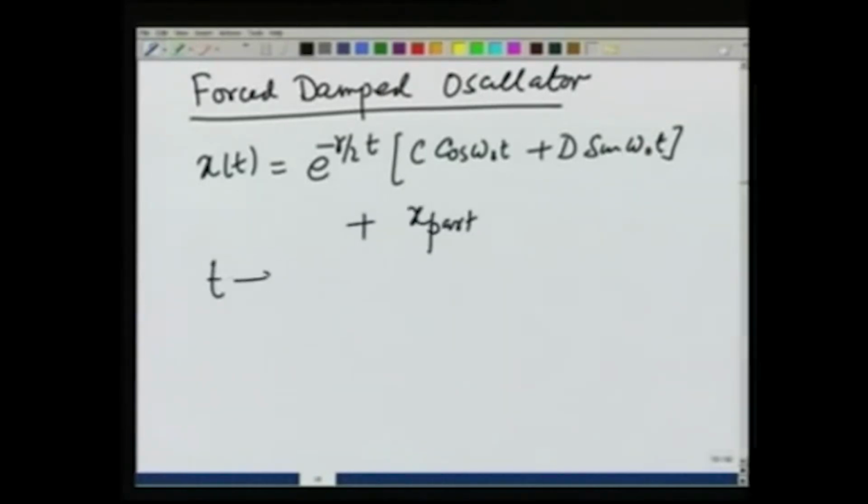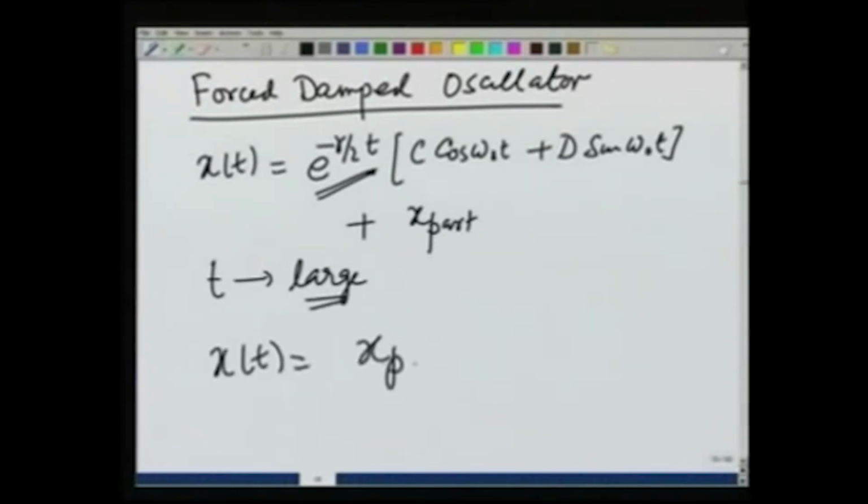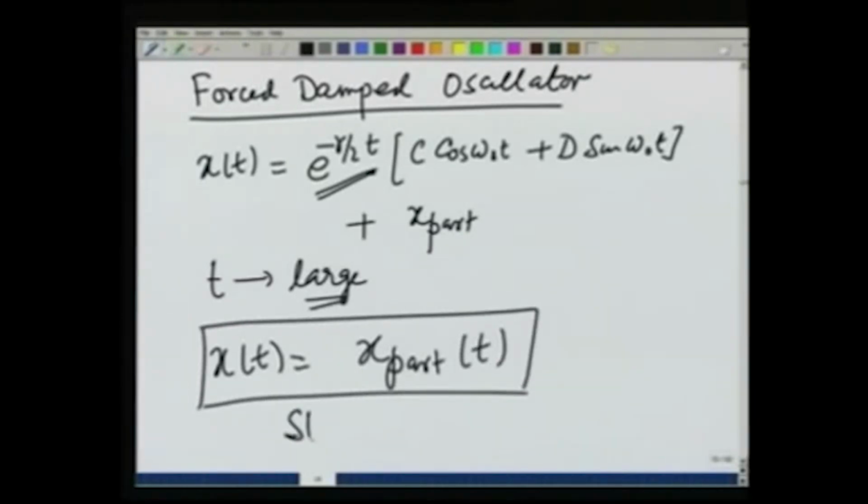As t becomes large, you see that this term would go to 0, and therefore, in the limit of large t, I am going to have only x particular solution. This does not get damped out, and this is known as steady state.